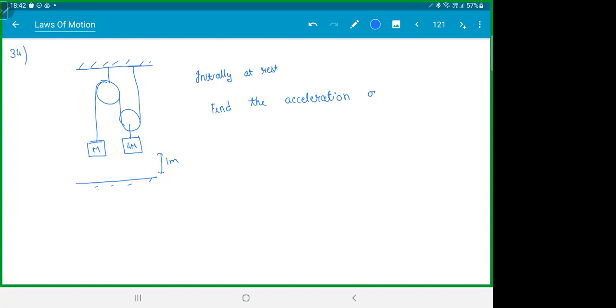Find the acceleration of the blocks. When the 4M block hits the ground, it stops. Find the maximum height of the M block from the ground.